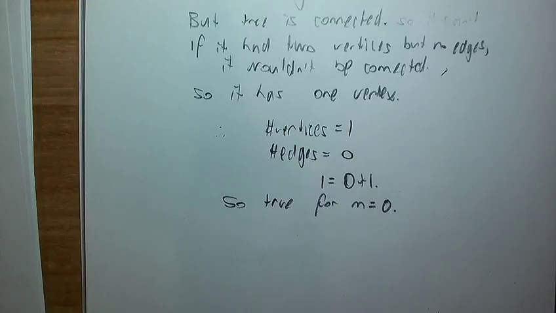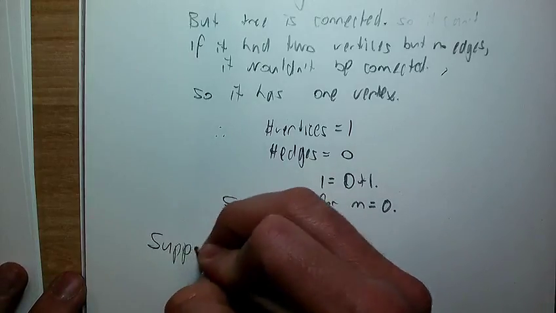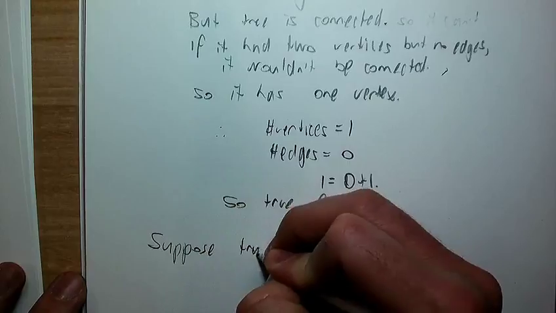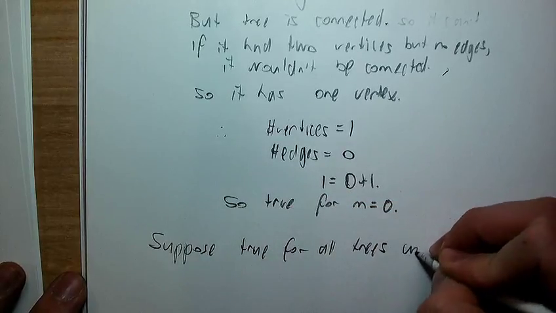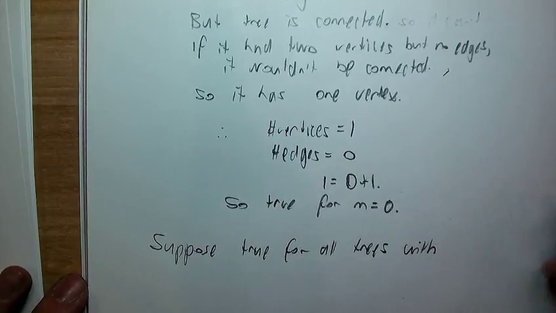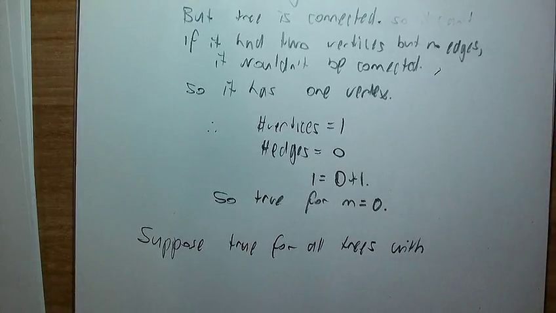All right, so now I'm going to do my induction. Suppose for all trees with, I suppose you could do it with k vertices, and then try and prove it for k plus 1.